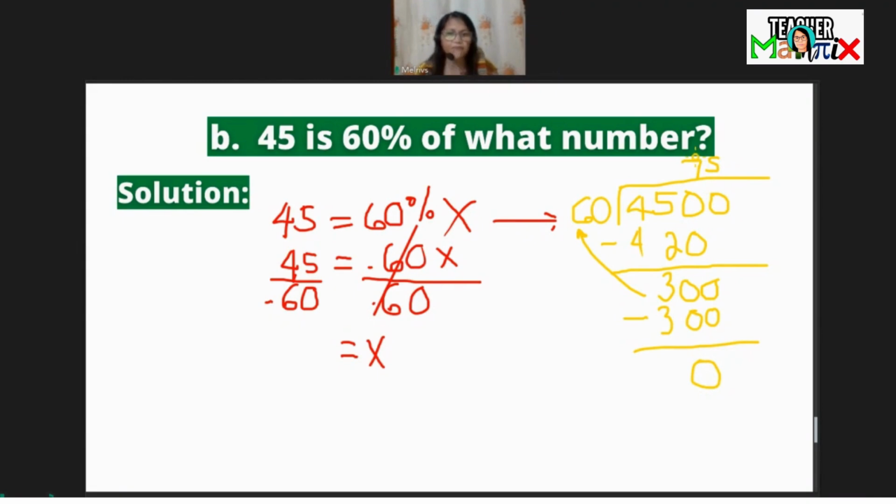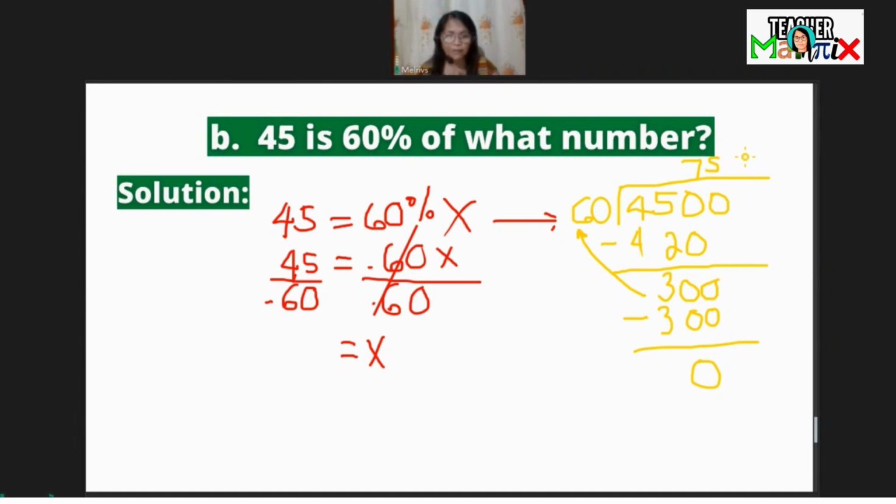So we will see if 75 should be a final answer, or if it could be converted into percentage or not. Let's go back to the question: 45 is 60% of what number? We don't need to put 75% here because 60% is given already.